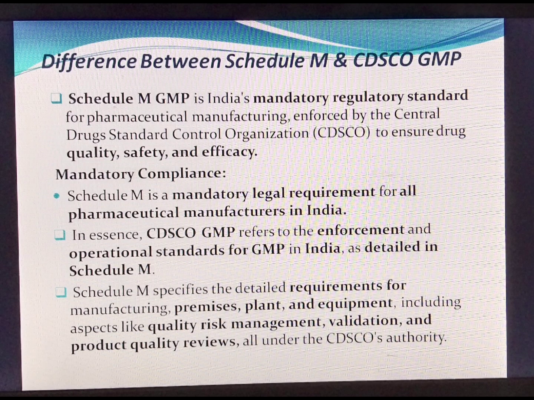In essence, CDSCO GMP refer to the enforcement and operational standard for GMP in India as detailed in Schedule M. Schedule M specifies the detailed requirement for manufacturing premises, plant and equipment, including aspects like quality risk management, validation and product quality review, all under the CDSCO authority.